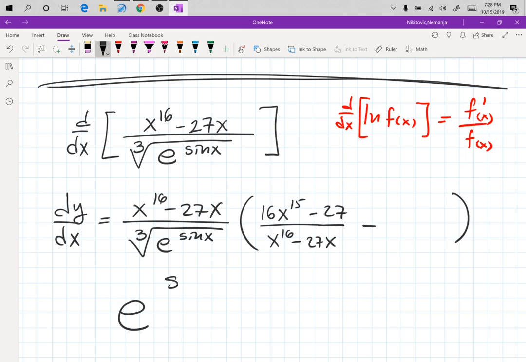Right? E to the sine x over 3. So that's what I have. Now, if I put ln in front of it, ln is going to kill e, and then I don't take the derivative of ln anymore. So that one is the oddball because of the e. But that's okay. Now I just have sine x over 3, and I need to take the derivative of that, which is cosine x over 3.